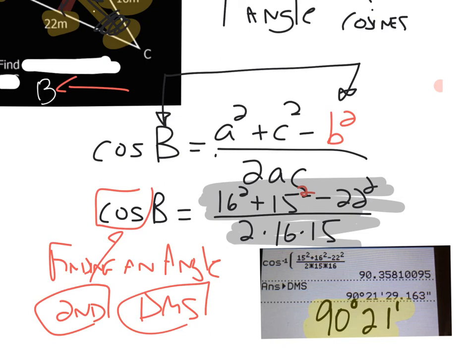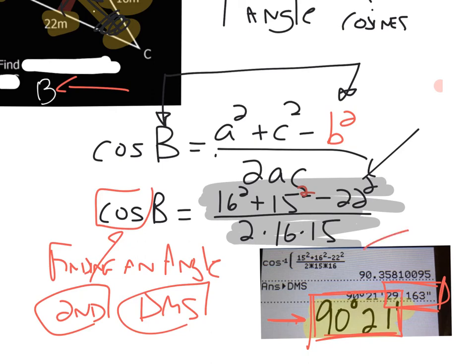Type in exactly what you see on that right-hand side, and then we're going to have to DMS our answer. And here when we look at our seconds, which are 29, that's less than 30, so it's going to stay the same. So here the answer for angle B, 90 degrees and 21 minutes.